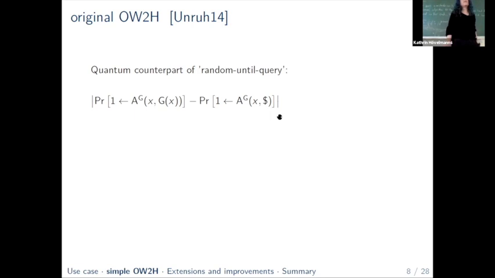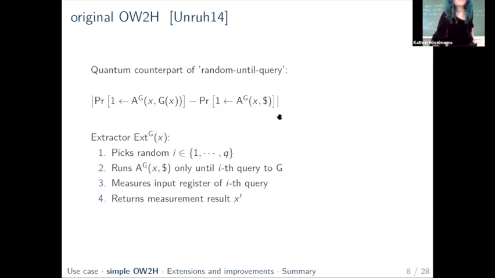And we care about the difference between A's behavior in the first case and the second case. And to upper bound this distinguishing advantage, we will use an extractor that uses A's interaction with G to extract the pre-image.